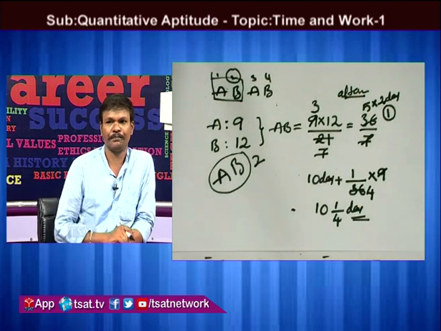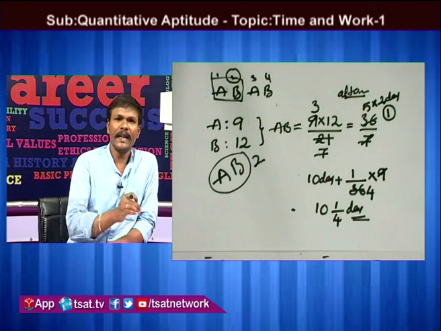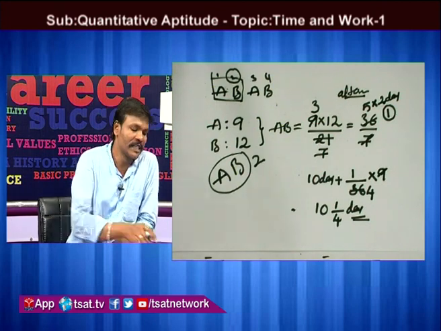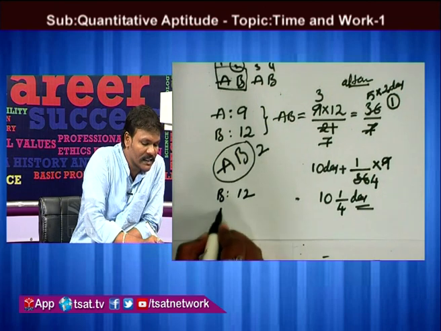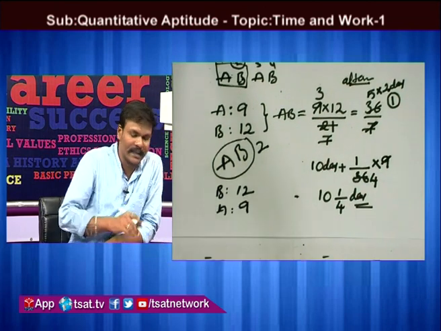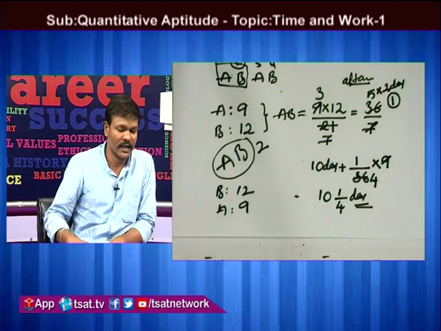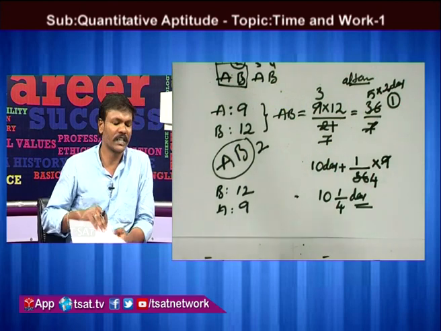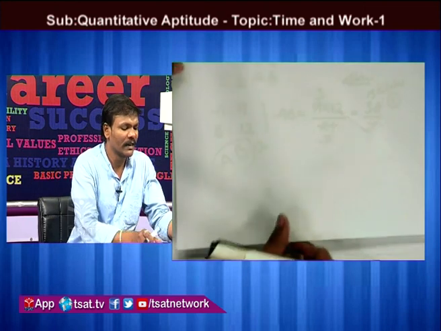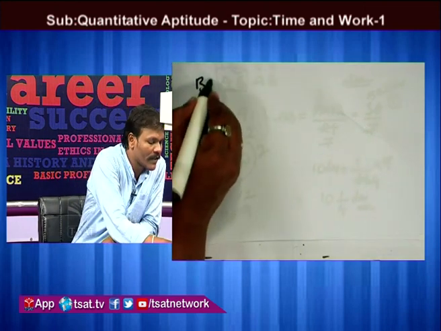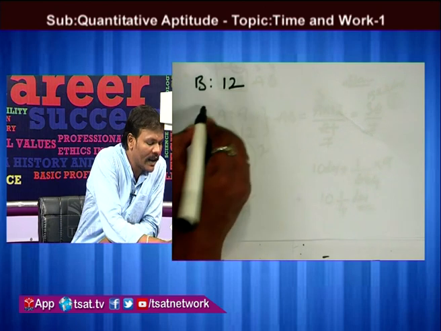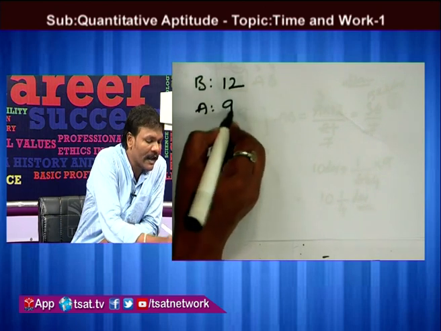If the question is that B is beginning the work, then B is 12 days and A is 9 days. The exact same question is a continuation. B begins with 12 days, A 9 days.